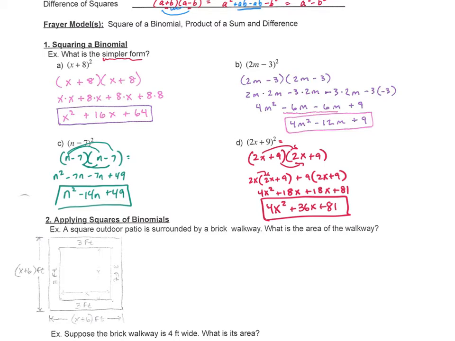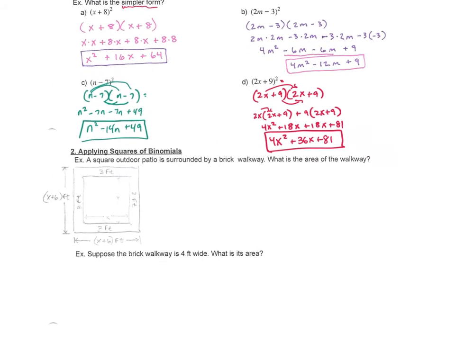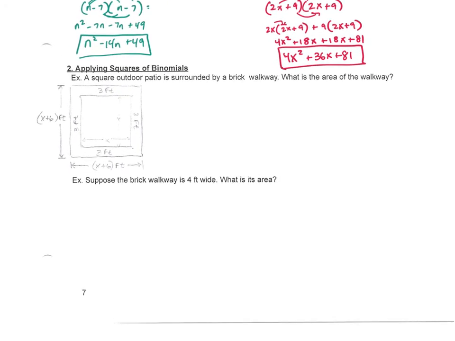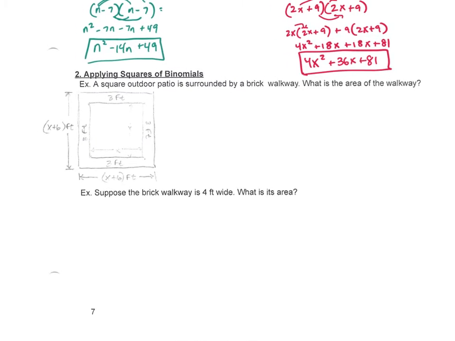Moving on, as we look at applying squares of binomials, it says a square outdoor patio is surrounded by a brick walkway, and asks what is the area of the walkway. I've given you a little drawing here.